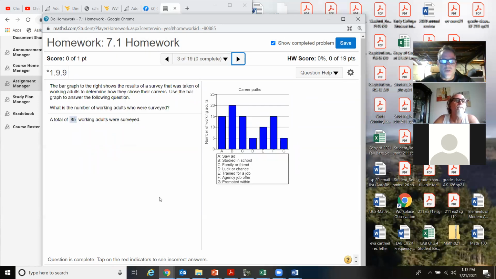Here we have what's called a bar graph. We're going to look at this next week, but bar graphs enable me to look at data that is not quantitative, but qualitative.